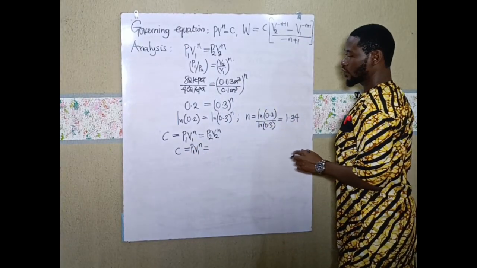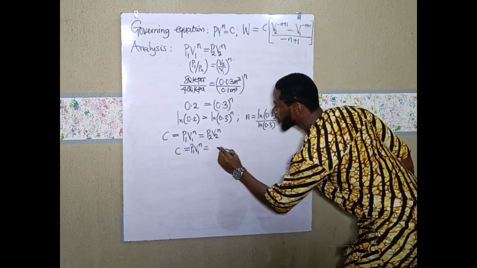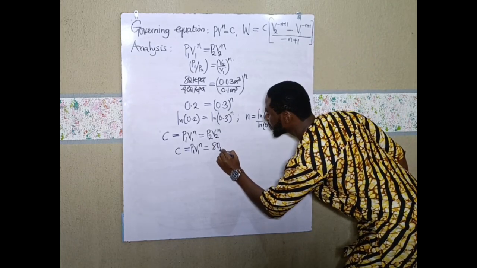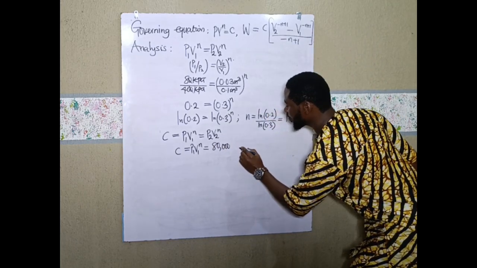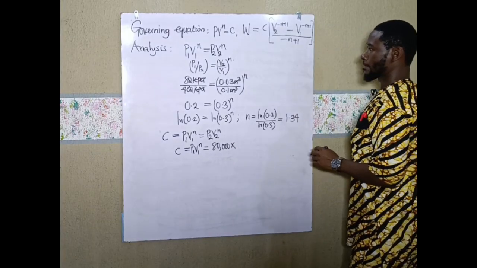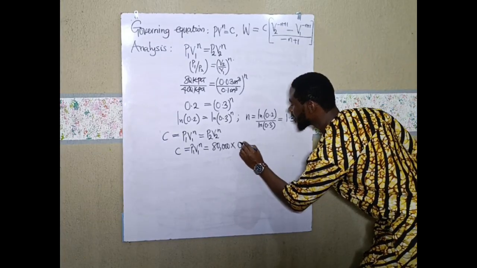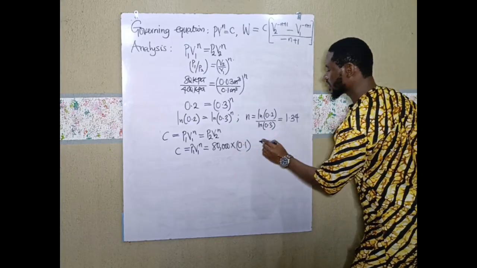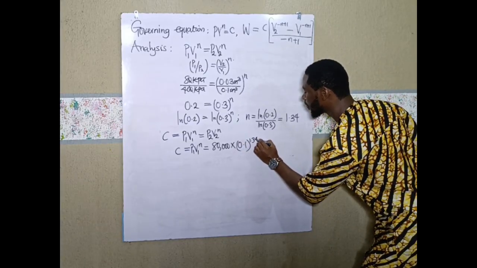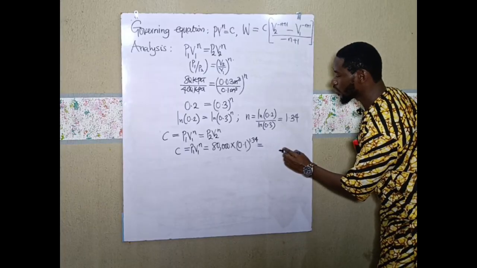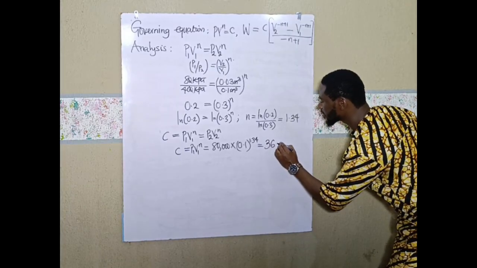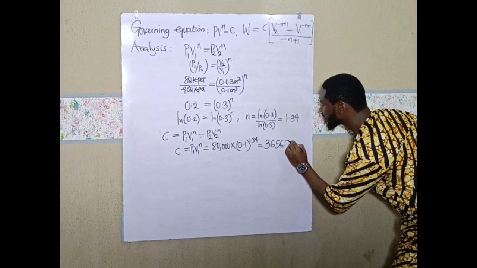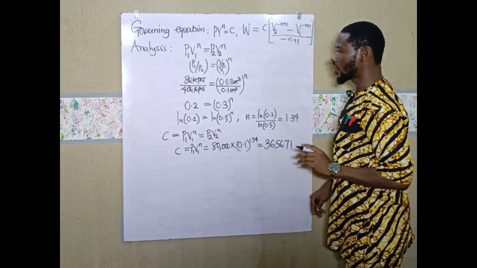So inserting the value, P1 is 80,000 multiplied by V1. V1 value is 0.1 raised to the power of the polytropic index, which is calculated as 1.34. And the value becomes 3656.71. That is the value of C.